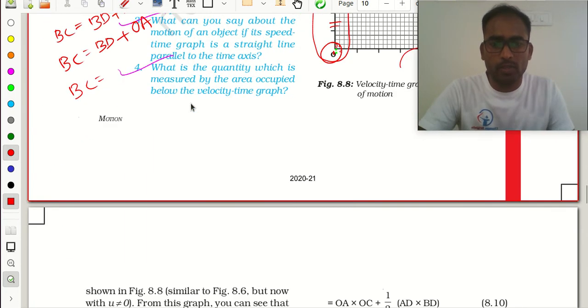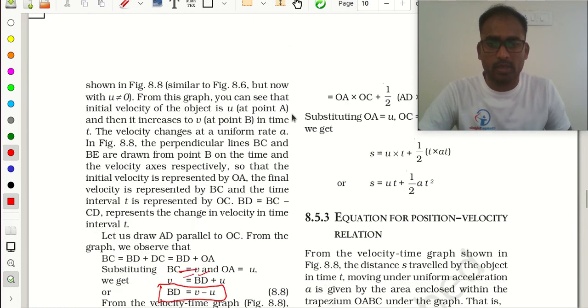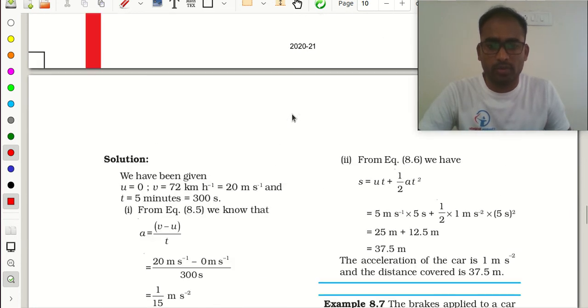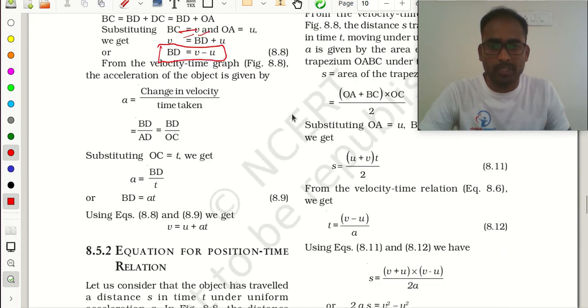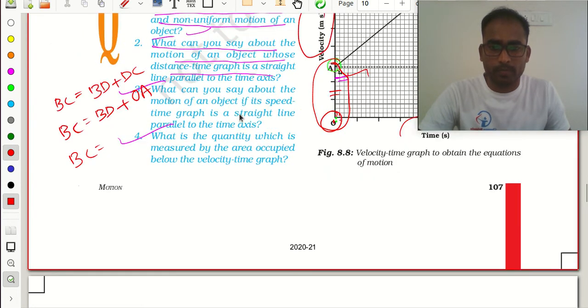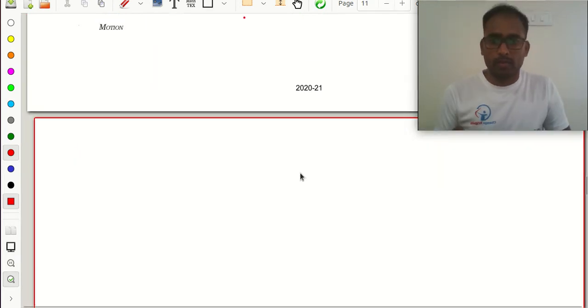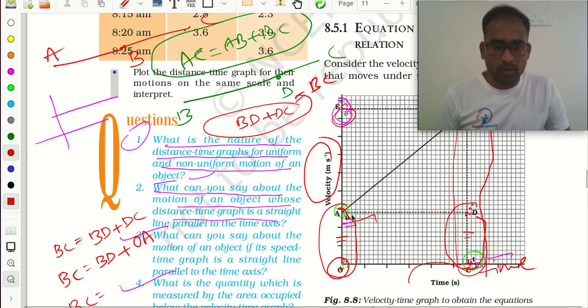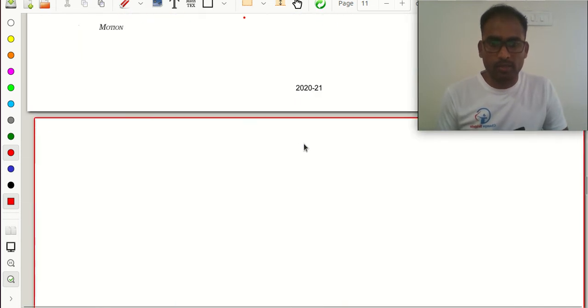I will tell you by drawing one graph. I will insert one separate page here, and draw this graph again.